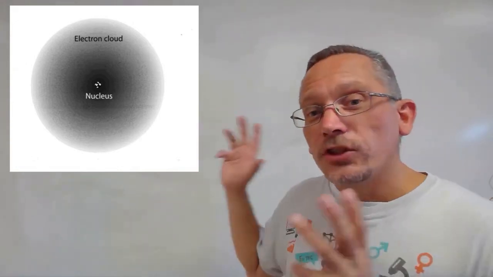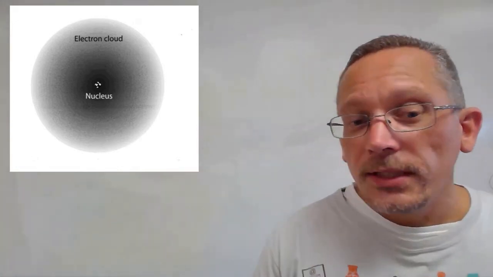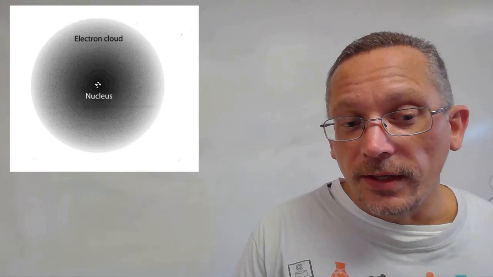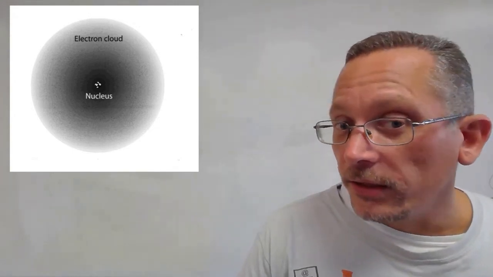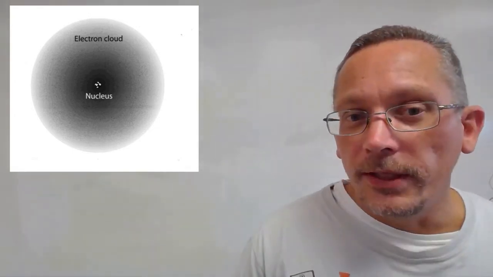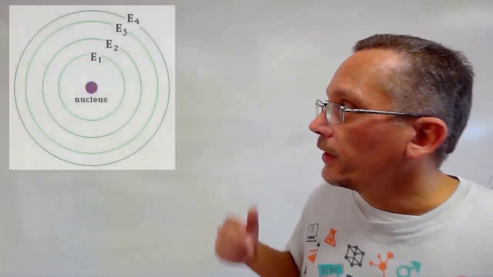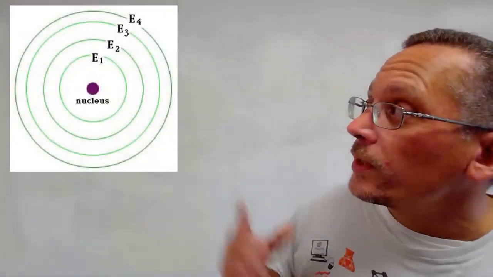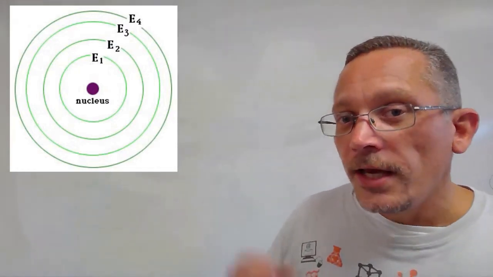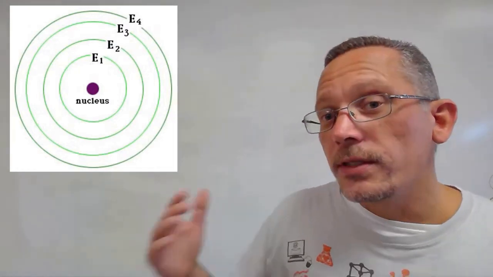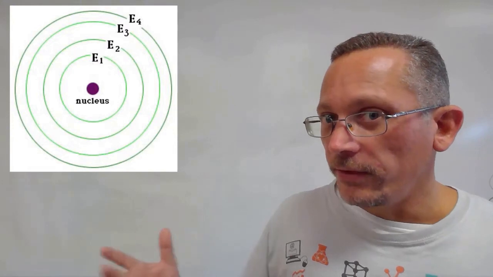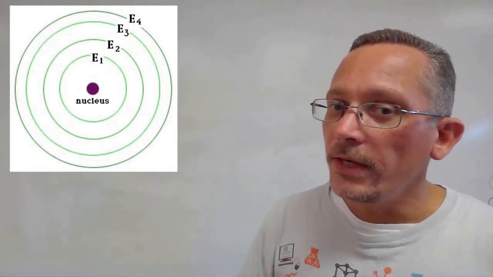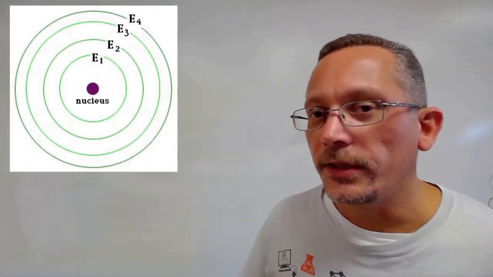Now, there are some different areas within the electron cloud, okay? If we clear it up a little bit, it might look something like this. In this picture, you can see the nucleus at the center, and then in that electron cloud, there are some different energy levels going out from the middle of the atom, from the nucleus, right?